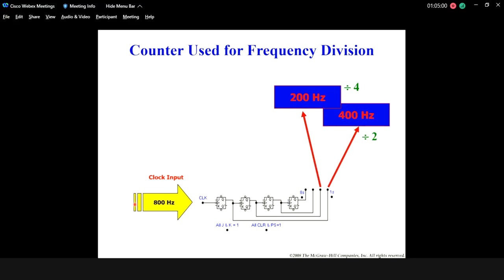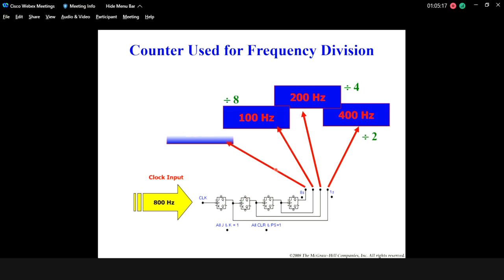But we know that when we give an 800 hertz square pulse, the first one will become 400 hertz frequency. The signal from the second flip-flop becomes 200, 100, and 50 hertz.